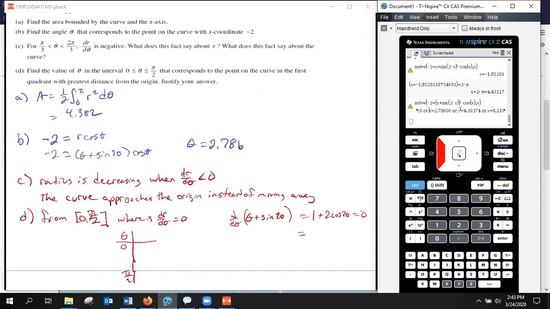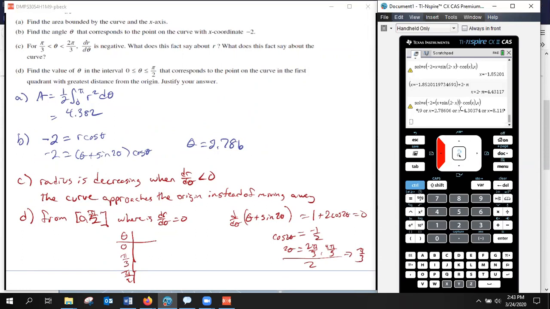As you can tell, I'm trying to go faster now. So where does the cosine of 2 theta equal -1/2? 2 theta is going to be 2 pi over 3, and I can include 4 pi over 3, but when I divide by 2, I only get pi over 3.